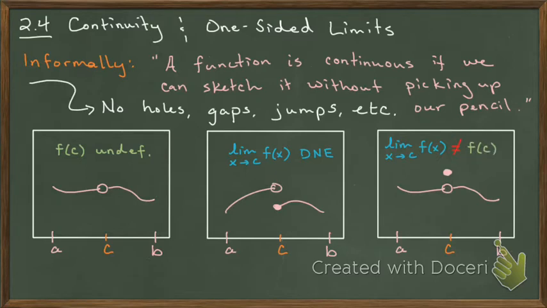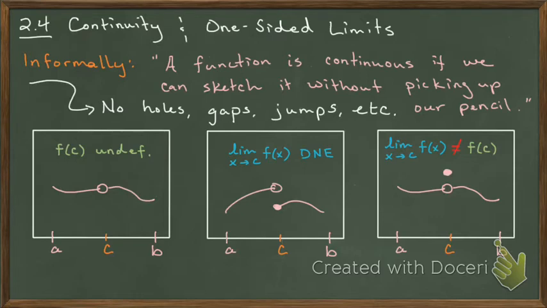So in this case, the function and the limit do not match up, right? So where the function is behaving is not the same as where the function's defined. So this is also not a continuous function, right? I have to pick up my pencil in order to draw it, okay? So these are three general scenarios where a function might not be continuous.